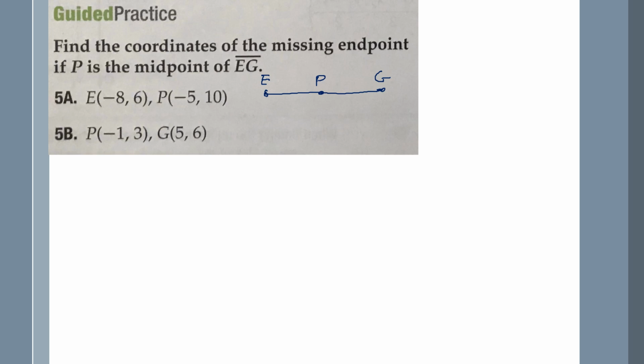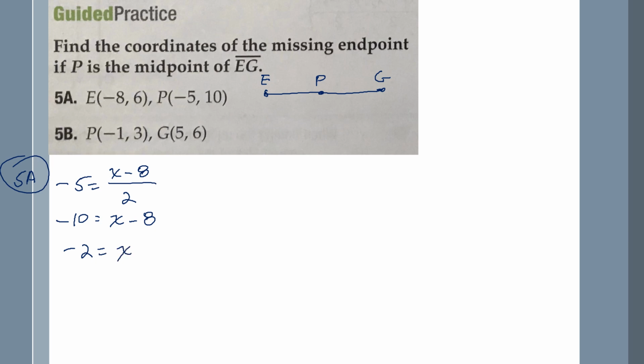If P is the midpoint, negative 5 is equal to x minus 8 over 2. Multiply each side by 2, I've got negative 10. Let's label this here. Negative 10 is equal to x minus 8. Add 8 to each side, and I got negative 2 is equal to x.